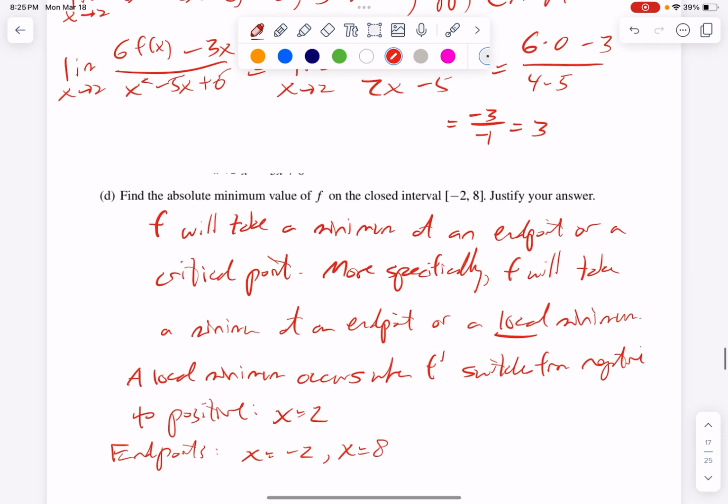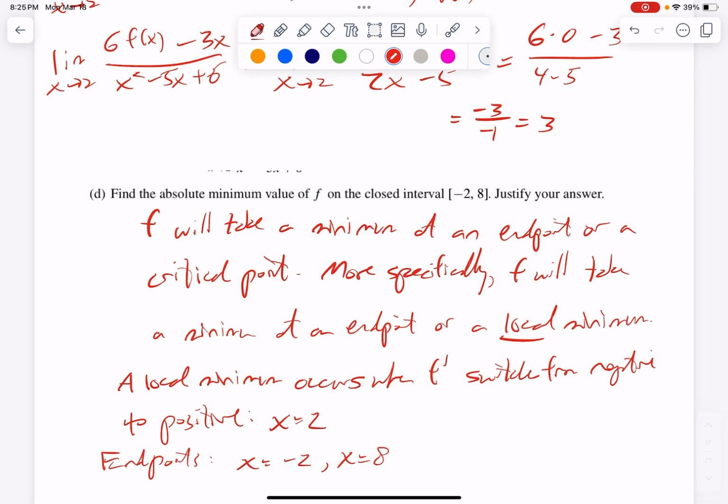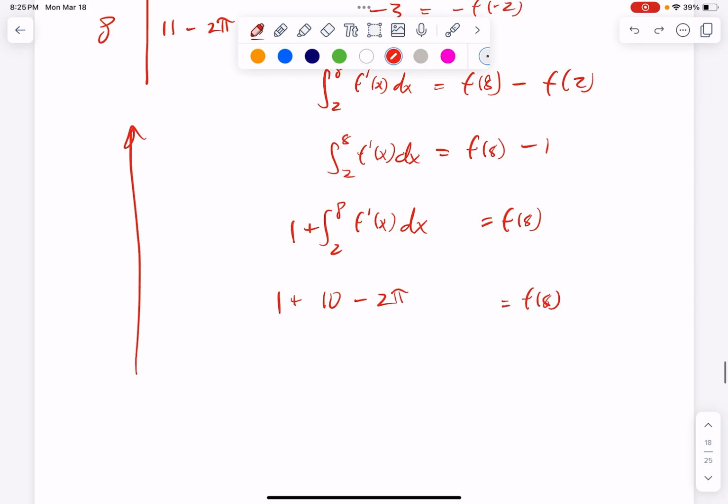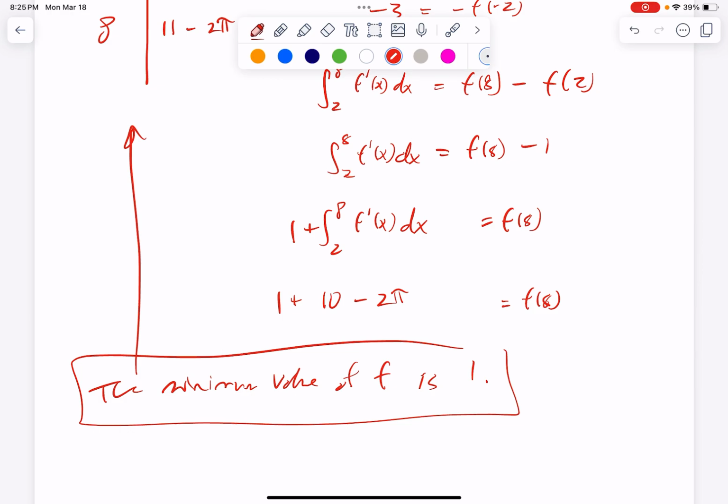Let's remind ourselves of the instruction. Find the absolute minimum value of f. The value just means the y value. So the minimum value of f is 1. That's our final answer.